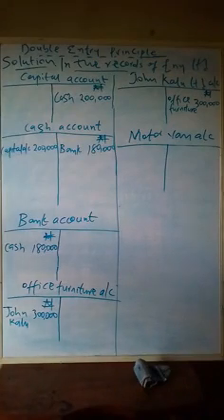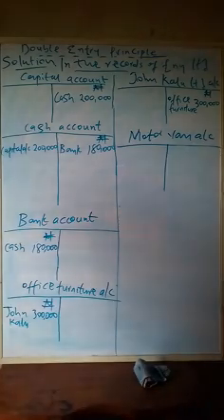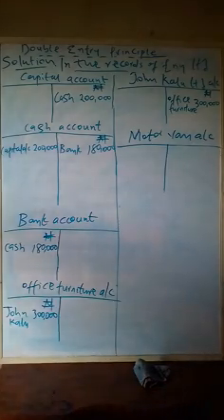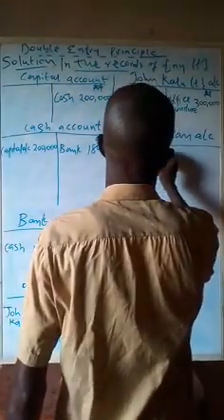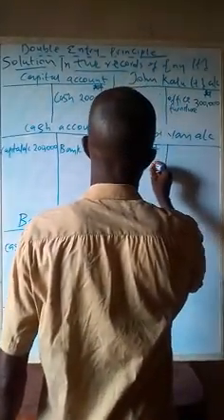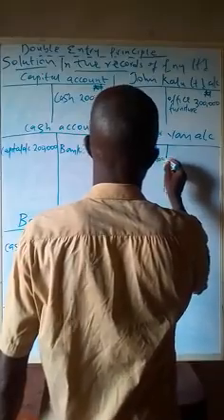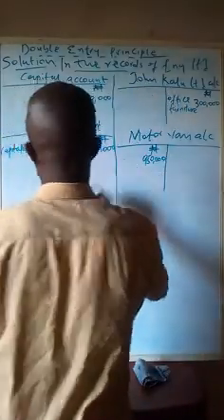Motor van account is receiving 950,000 naira. When they say paying by check, that is bank account.